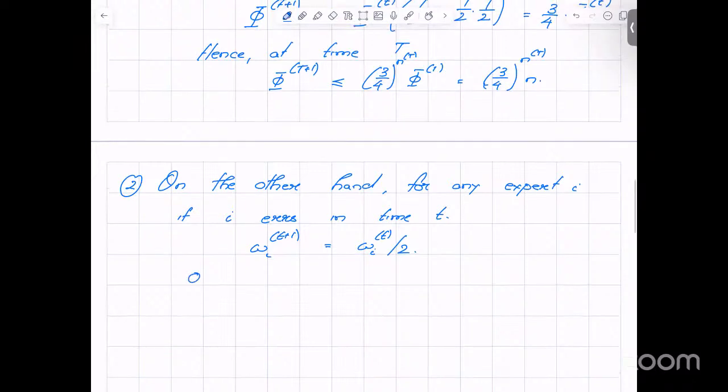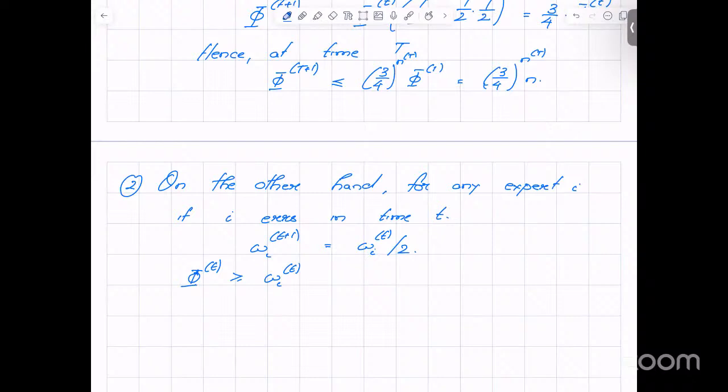Hence, phi of t, I want to claim, is at least greater than wi of t. Certainly, it's a sum of all the wi of t.